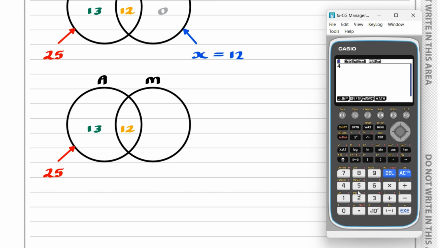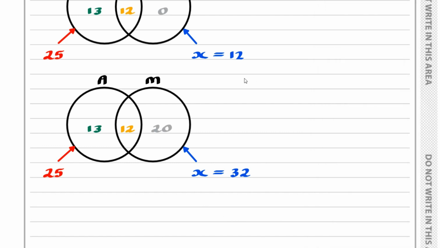We have 45 take away the 13 that study art only, which tells us 32 study music altogether, which means the number who study music only will be 32 take away 12, which is 20.